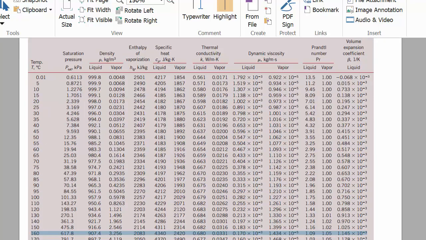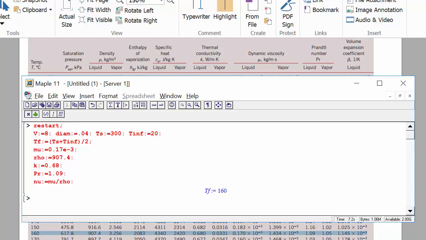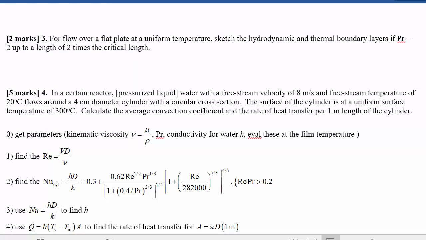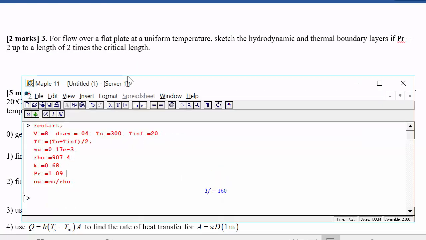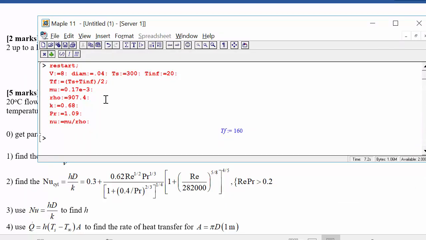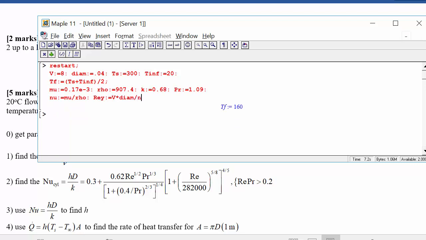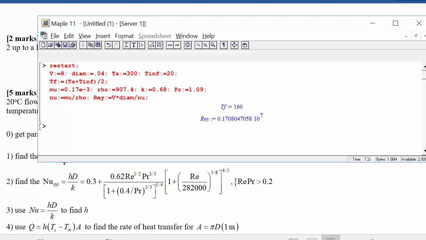All right. So with this setup, we can move on to the next part of things, which is to calculate what the Reynolds number would be, and that's velocity times the diameter divided by nu, and we find a Reynolds number of 1.7 million.